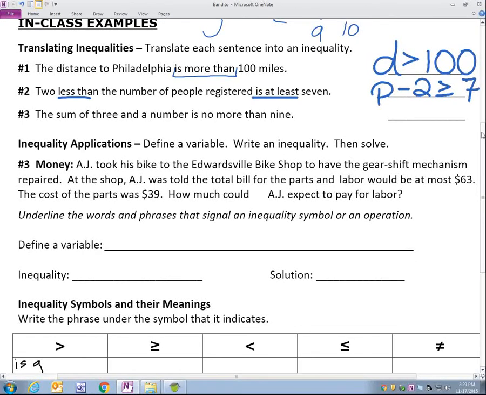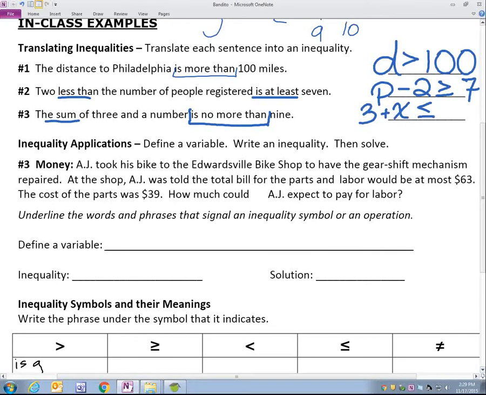The sum of 3 and a number is no more than 9. So we have a number, and I like to use x for that. So the sum of 3 and a number is no more than.